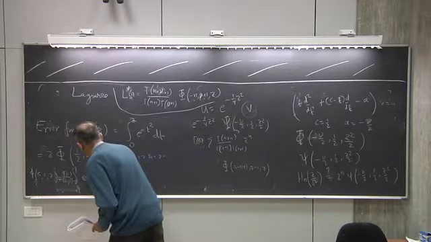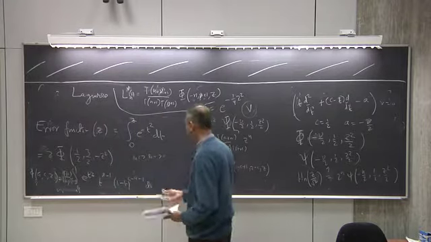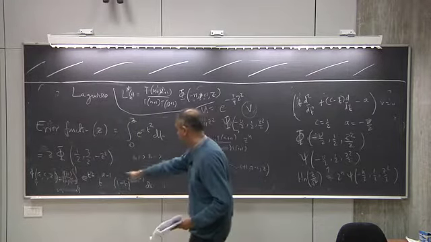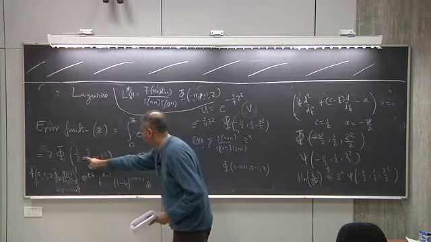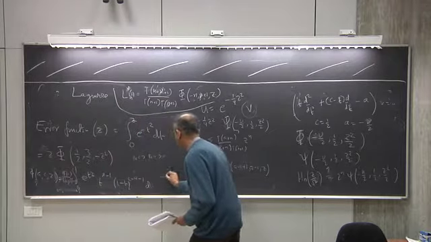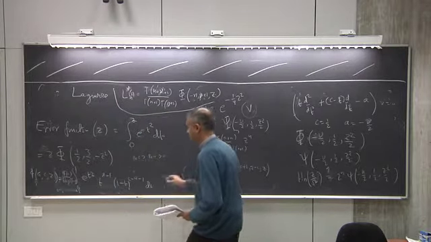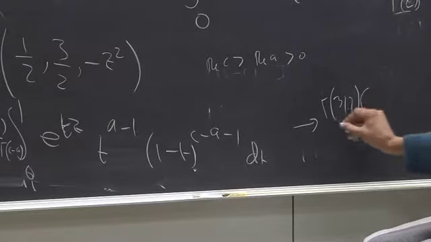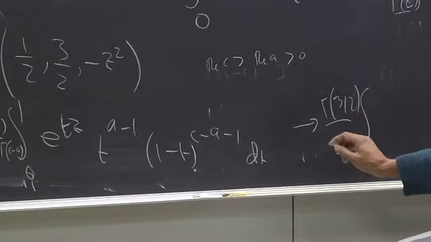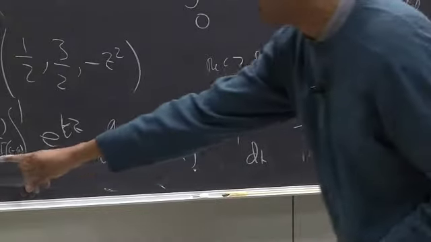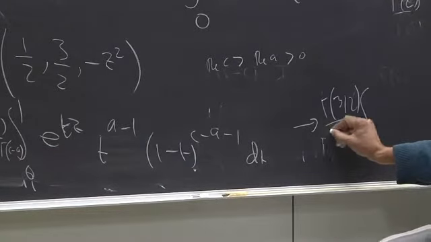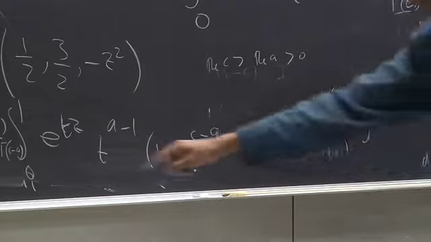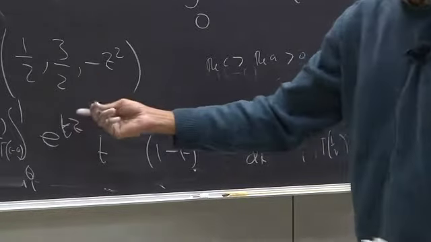To see why this is the same as that, you just have to change variables. Substituting a equal to half and c equal to 3/2, the prefactor is gamma 3/2 over gamma 1/2 times gamma 1, and gamma 1 is 1.